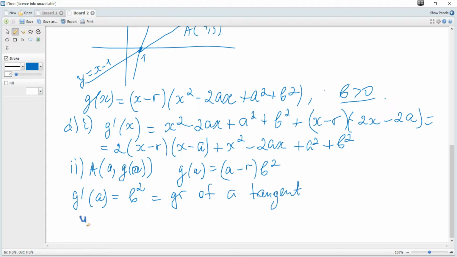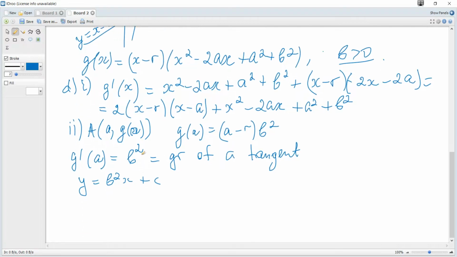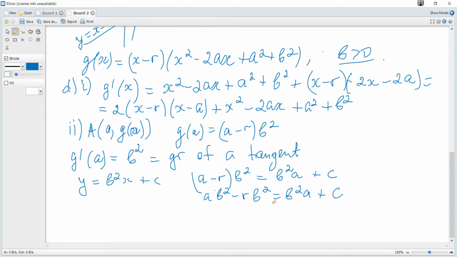Hence, the equation of the tangent becomes y equals b squared x plus c. To find c, we substitute the coordinates of point A, so the y coordinate a minus r, times b squared, is equal to b squared, and a is the x coordinate, plus c. So b squared times (a minus r) is b squared a plus c, so c is minus r b squared.